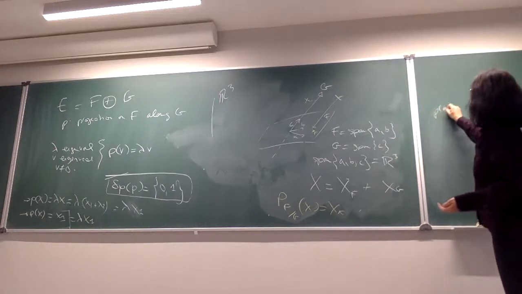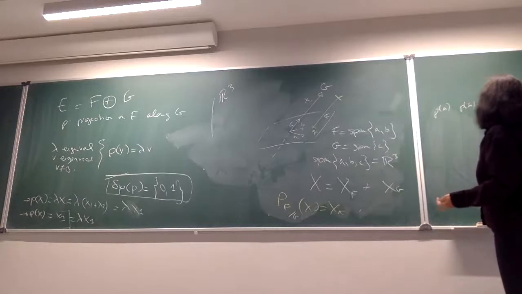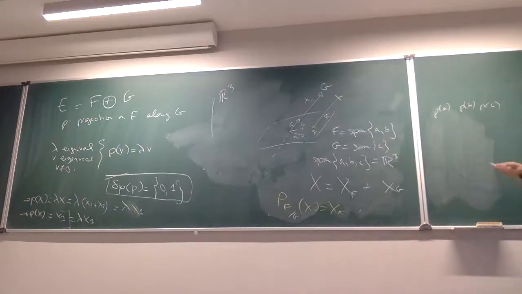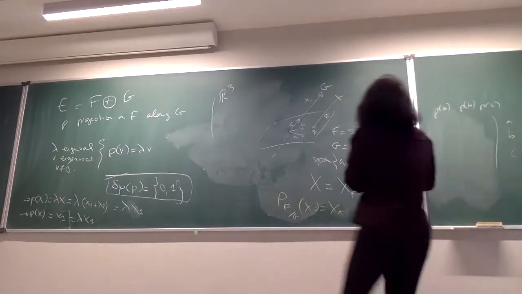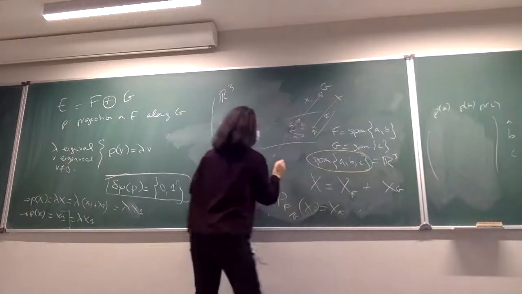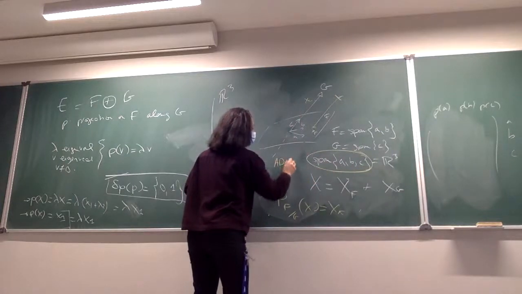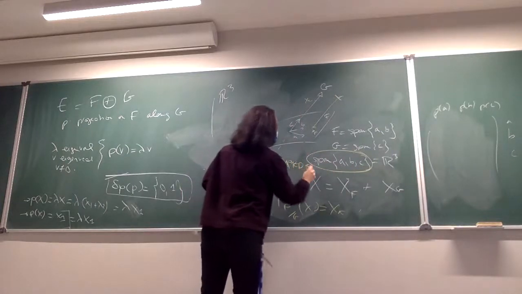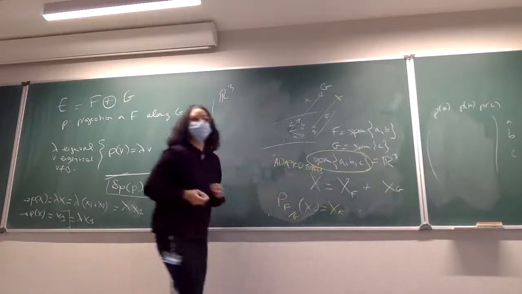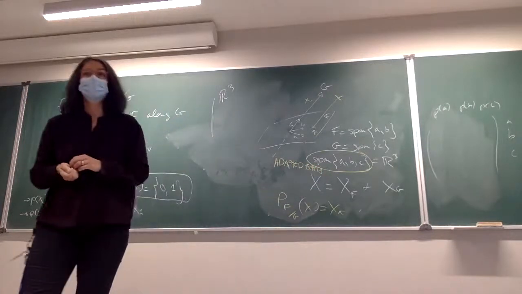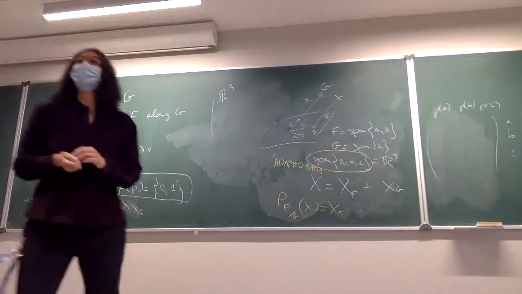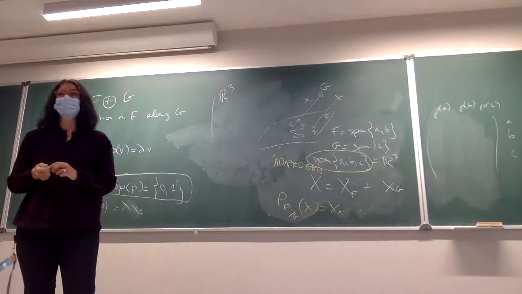So I have to take P of A, P of B, P of C, again expressed in the basis ABC. That's my adapted basis. The matrix is 1 0 0, 0 1 0, 0 0 0.